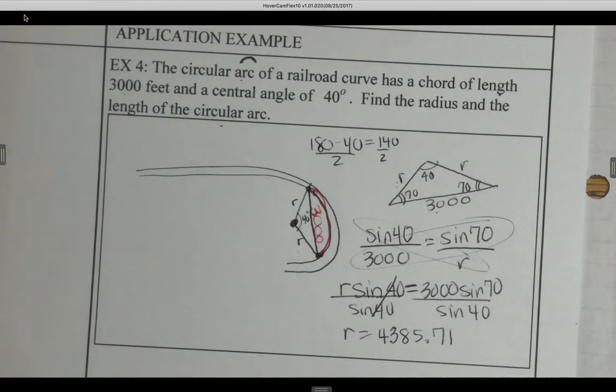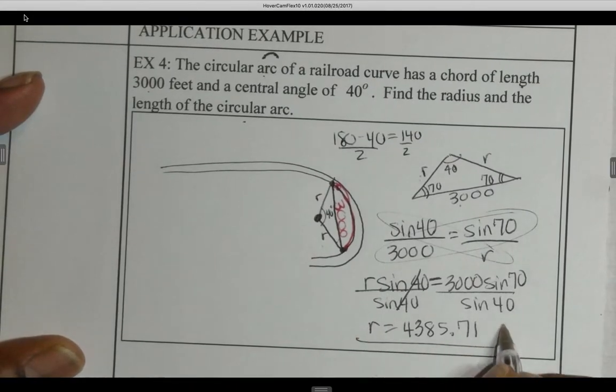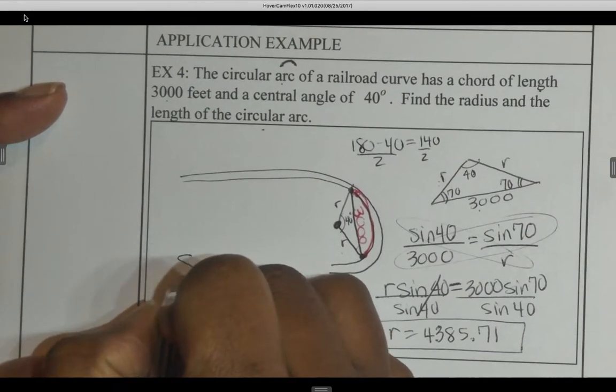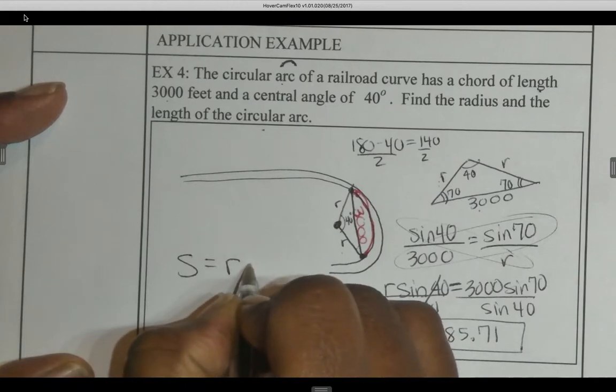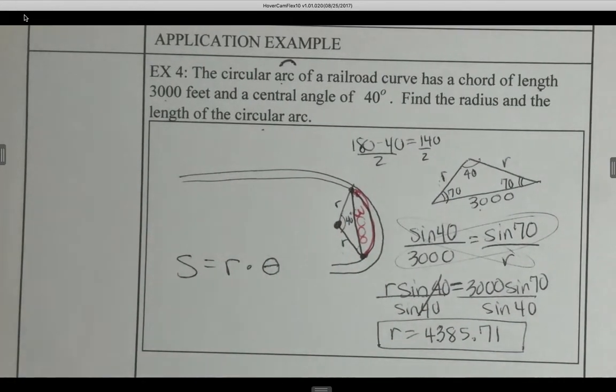And then I was also asked to find the arc length. And so, I'll circle this. Arc length is, we label it with S. It's just the radius times theta. But theta, or the angle, does need to be in radians. So we have 40, we need to just change it into radians, right?